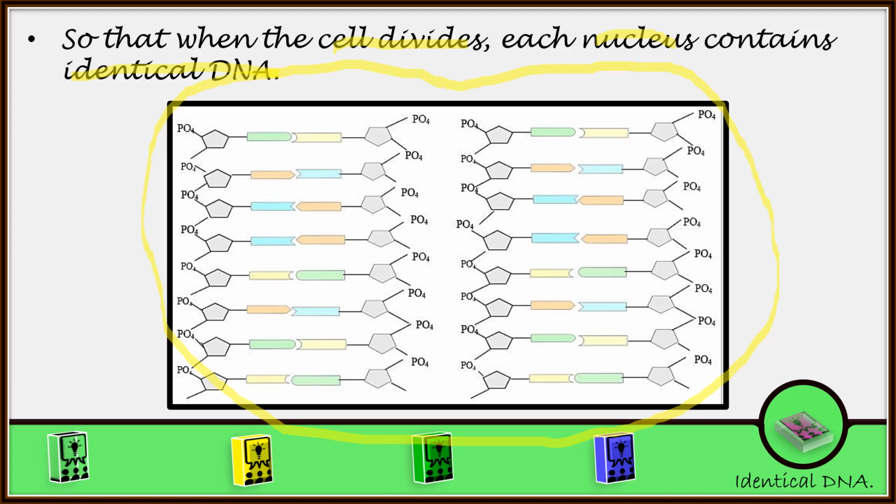But now the cell is going to divide, so the DNA will unwind and separate, and then it forms a pattern. Then we shall have two DNA molecules in the cell. So when this cell now divides in the middle, each cell will have a double-stranded DNA molecule which is identical after cell division.